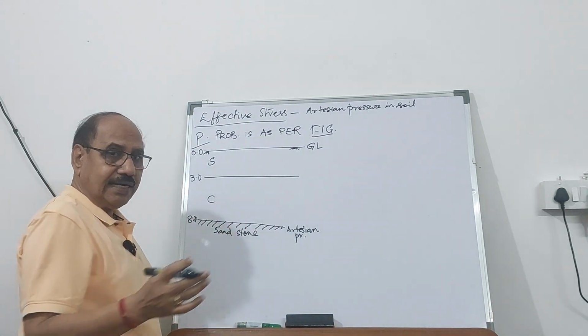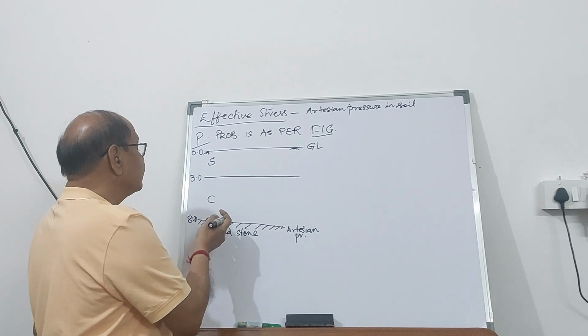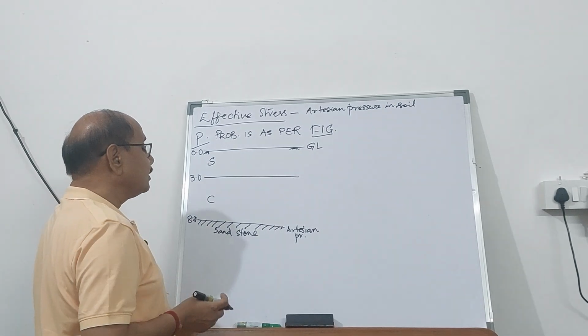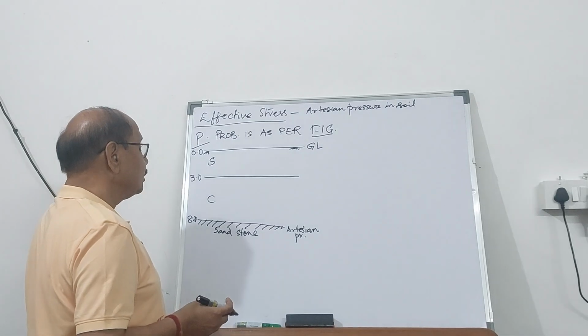The water is confined between two impermeable layers, and because of that there is Artesian pressure.